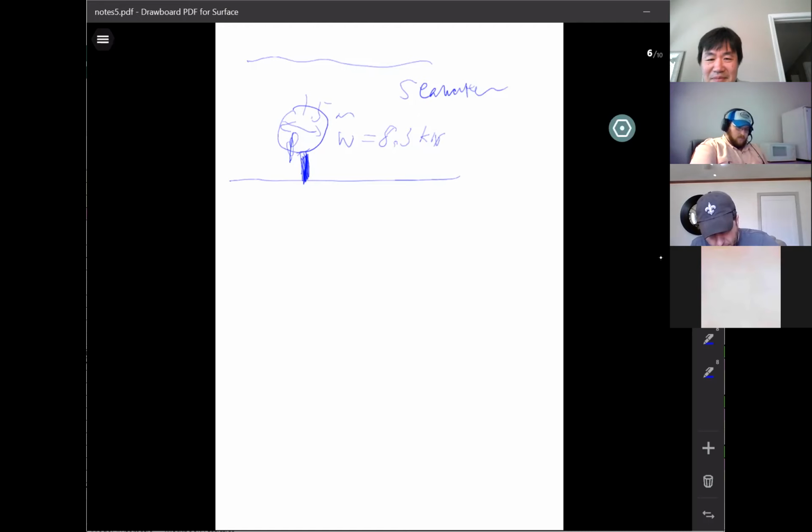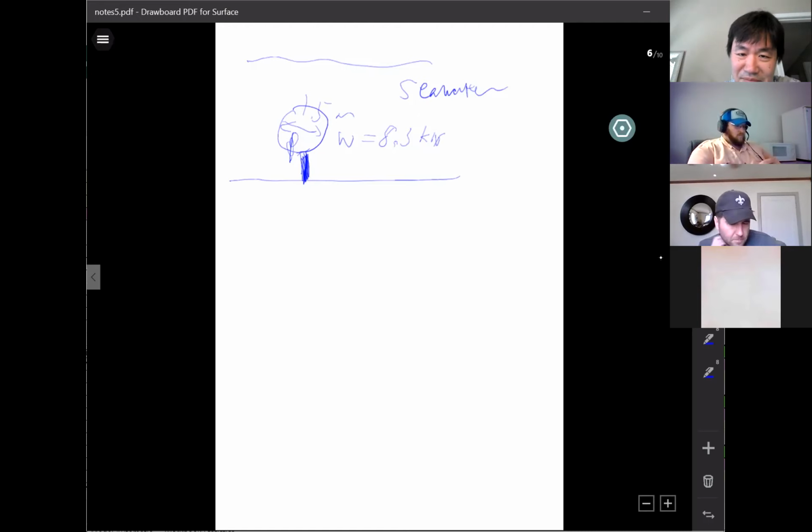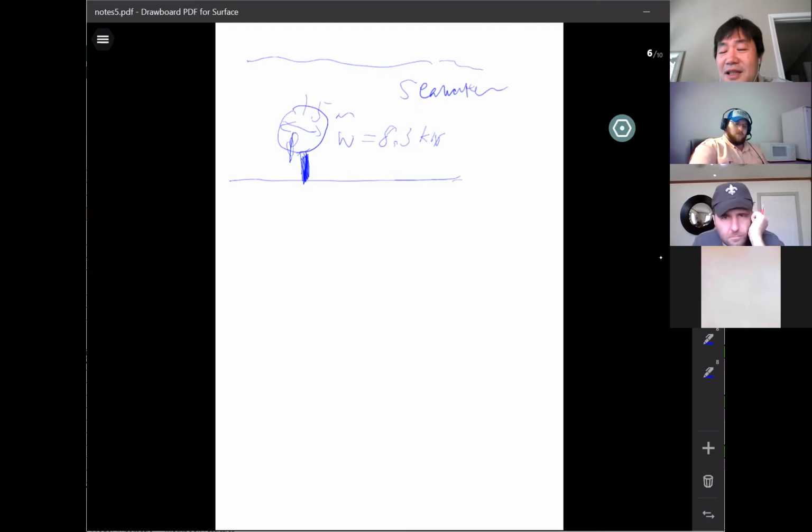So that's the problem. If you want to design something like this, you are the engineer. Let's put you in the shoes. You design: I have a balloon with surveillance instruments in there. It weighs 8.5 kilonewton.